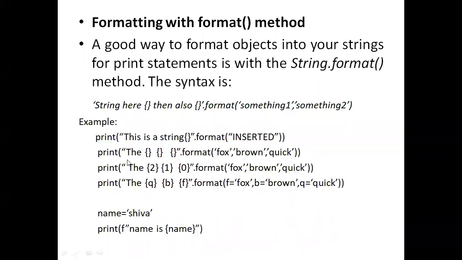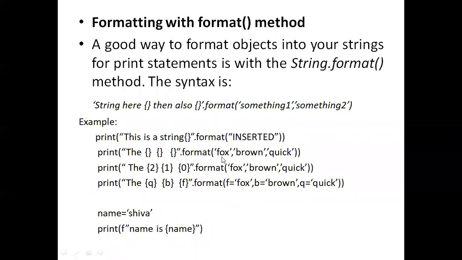So the 2 I mentioned means quick will come, then 1 brown will come, then 0 fox will come. And we can assign the values also for string formatting: q equal to quick, b equal to brown, f equal to fox.